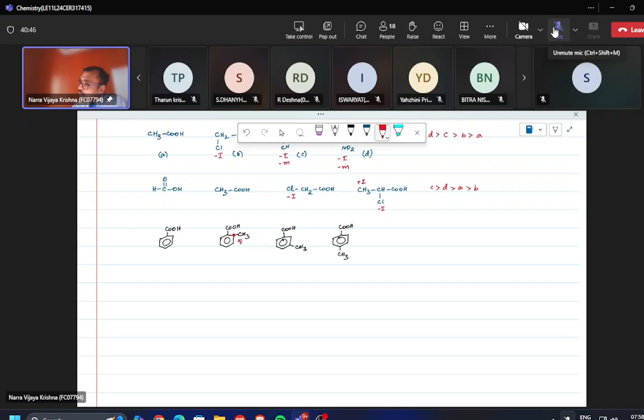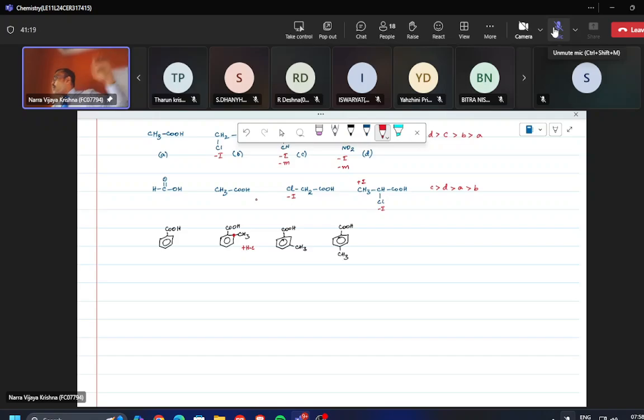If that carbon has hydrogens, those hydrogens are involved in hyperconjugation. Because of positive hyperconjugation, it tries to give electrons, increasing the electron density over the carbon chain. Means H plus cannot go out from here. Correct or not? Any questions?